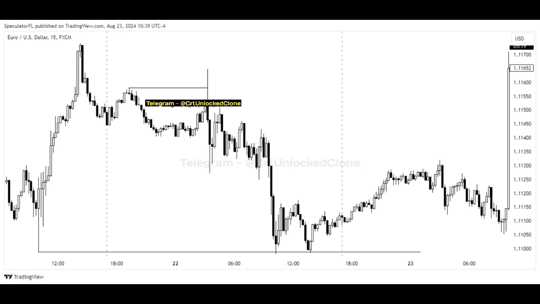And we formed the high of the week, the high of the day during London Open during the 3 a.m. candle, right? And then we reversed lower, and after we reversed, you can see right here that I got this model 1 entry and this confirmation, and then I took my entry there, right?